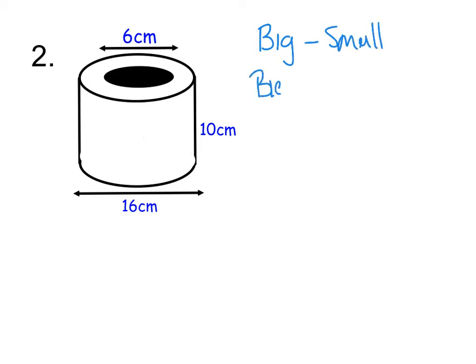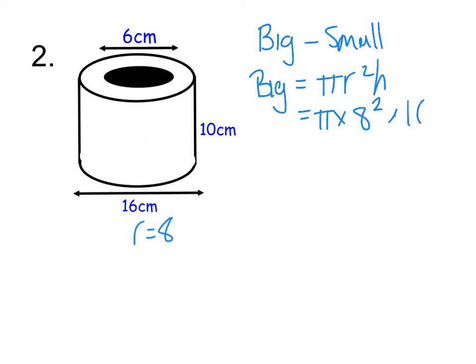So I'm going to do the big one first. So the big one is pi r squared h. So pi times, radius here is 8, not 16, so be careful. So pi times 8 squared times a height of 10, and that gives us 2010.62. And I'm going to, at this point, keep my answers to two decimal places.